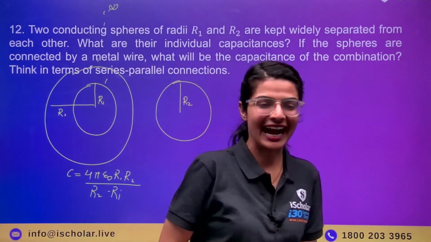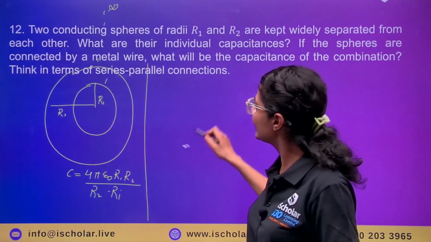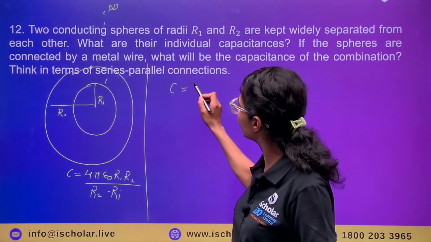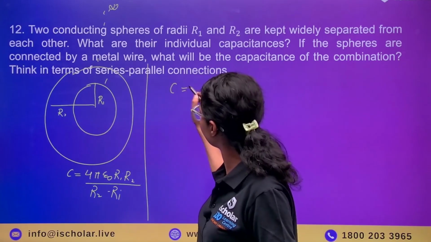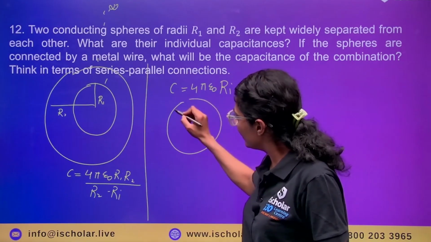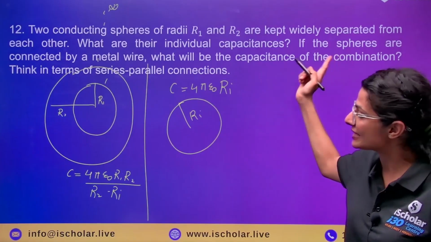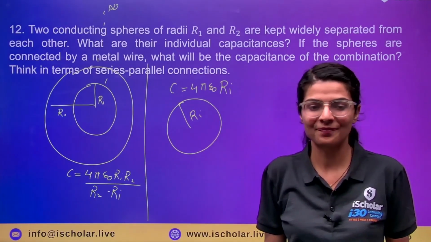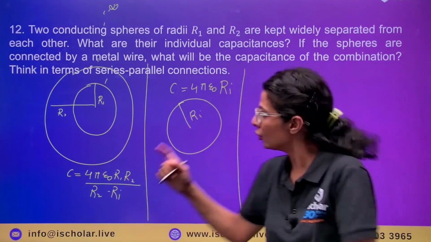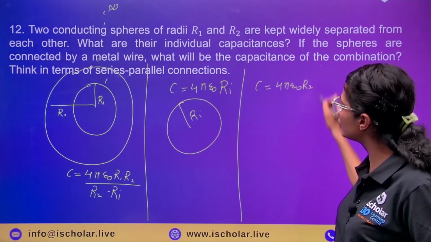While if one of them is at infinity, like in our case, the capacitance becomes simply 4 pi epsilon naught R1, assuming the other one, R2, is at infinity. Clear? So in this question we have two different capacitors, and the other capacitance will become 4 pi epsilon naught into R2.